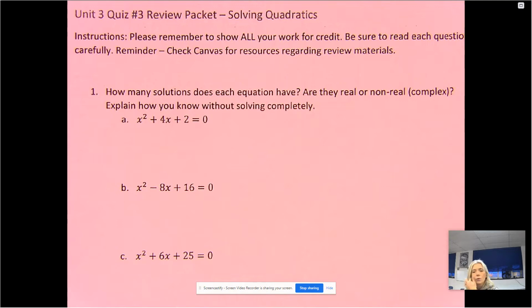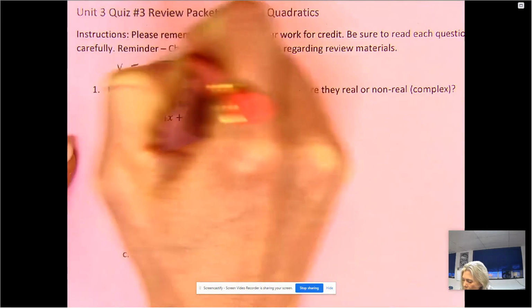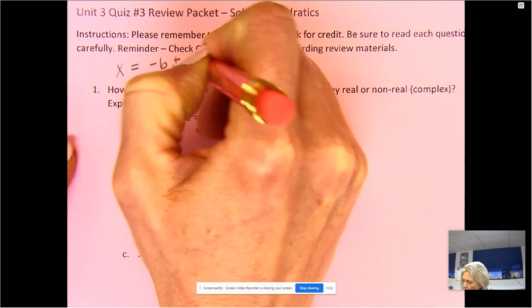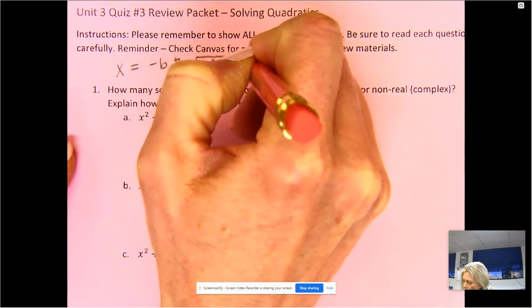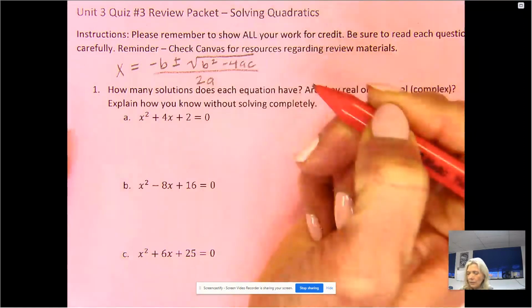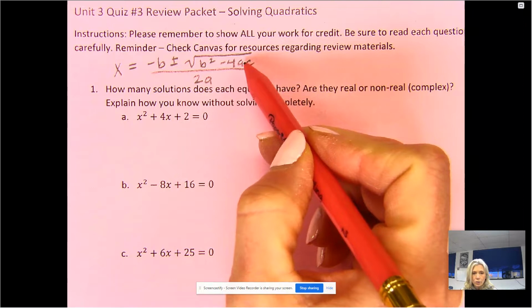So that brings us to the quadratic formula. In our quadratic formula, x equals negative b plus or minus the square root of b squared minus 4ac all over 2a. It's the part that's under that square root called the discriminant.